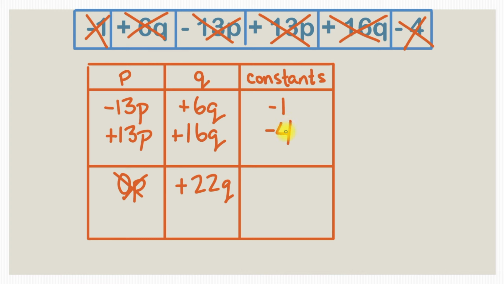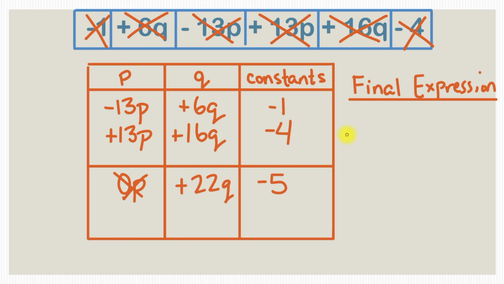When we combine those terms, we get -5. So this means we can write our answer as 22q minus 5.